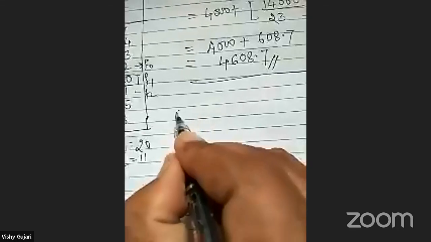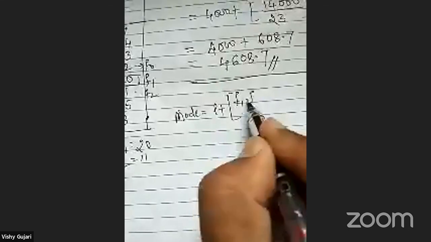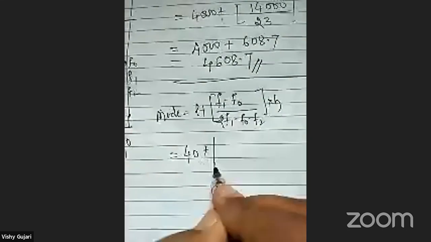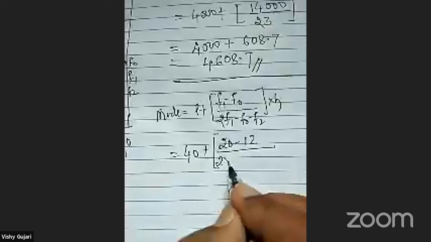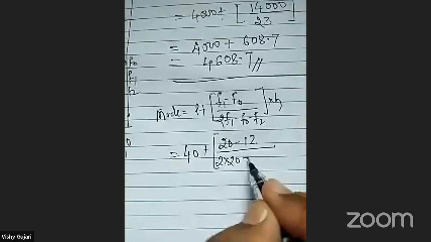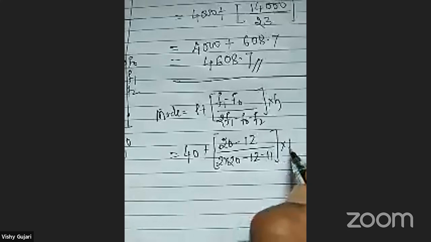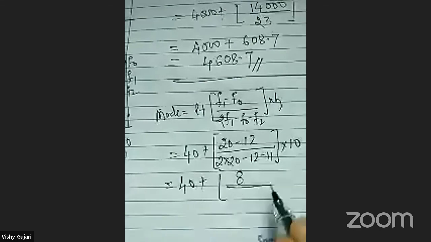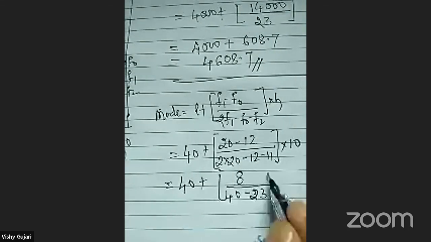Now you are writing the formula. Mode is equal to L plus F1 minus F0 divided by 2F1 minus F0 minus F2, into H. 40 plus 20 minus 12 divided by 2 into 20 minus 12 minus 11, into 10. 40 plus 8 divided by 40 minus 23, into 10.